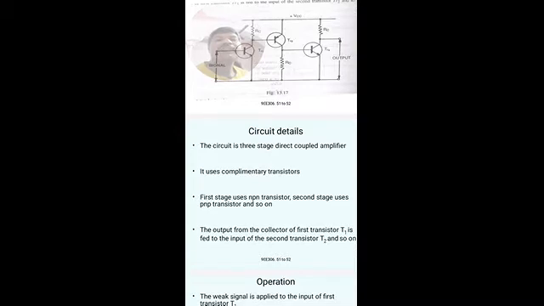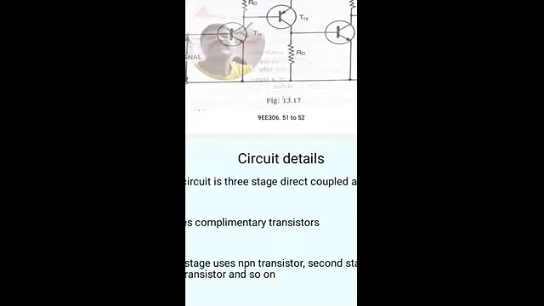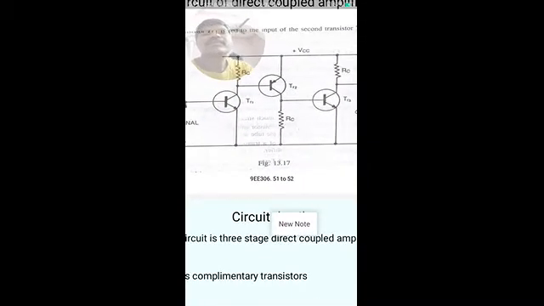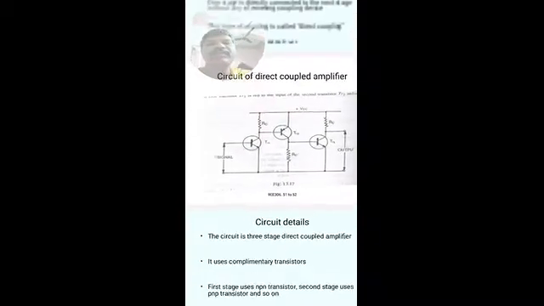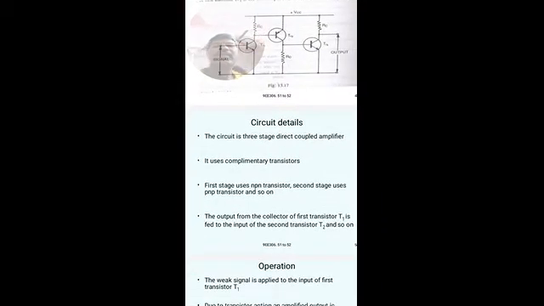It uses complementary transistors, NPN and PNP transistors. The first stage uses an NPN transistor, the second stage uses a PNP transistor, and again the third stage uses an NPN transistor, and so on.